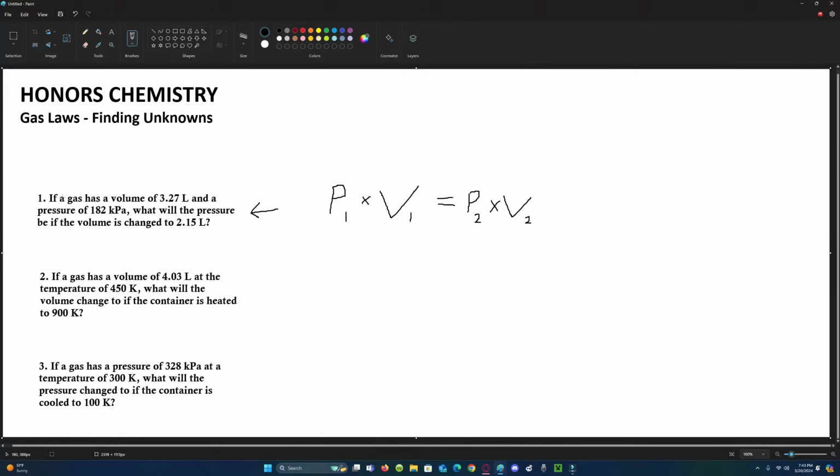So we are going to use this equation with this problem. If a gas has a volume of 3.27 liters and a pressure of 182 kilopascals, what will the pressure be if the volume is changed to 2.15 liters? So we know what we already have. We have 182 kilopascals and 3.27 liters, and that is going to be our pressure 1 and our volume 1.